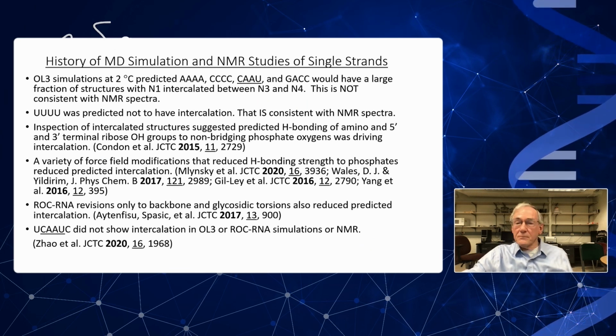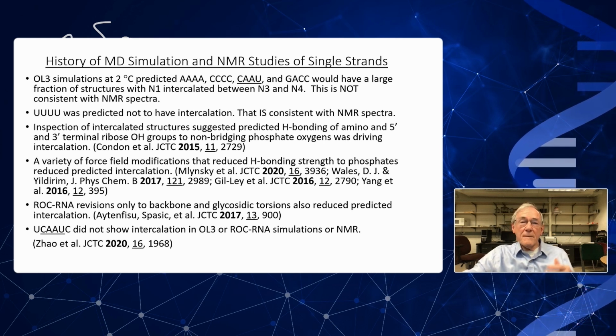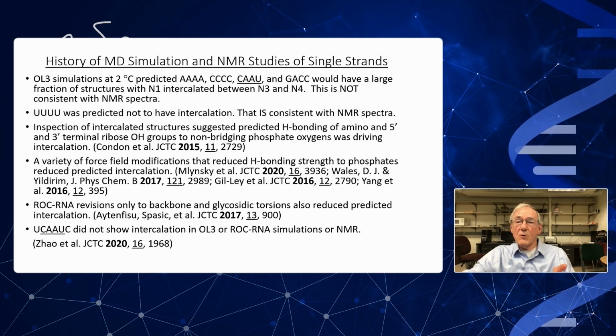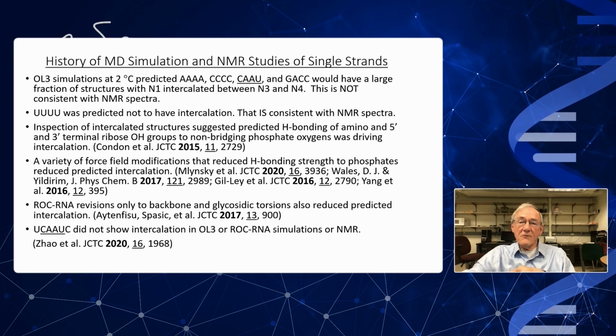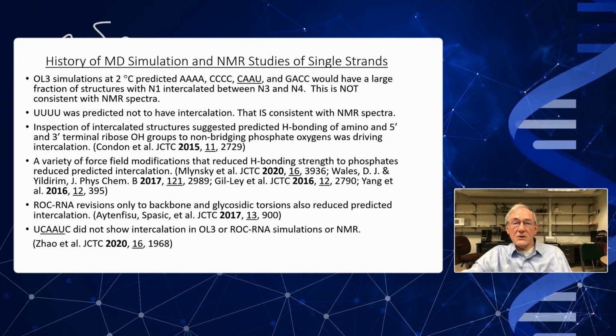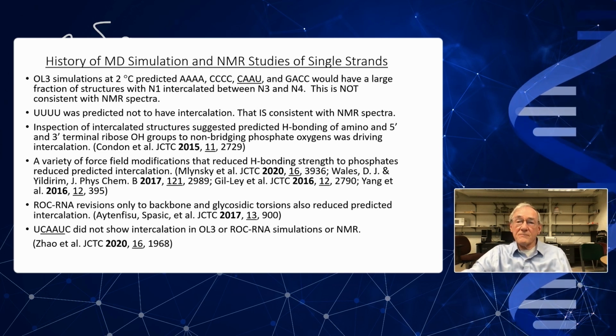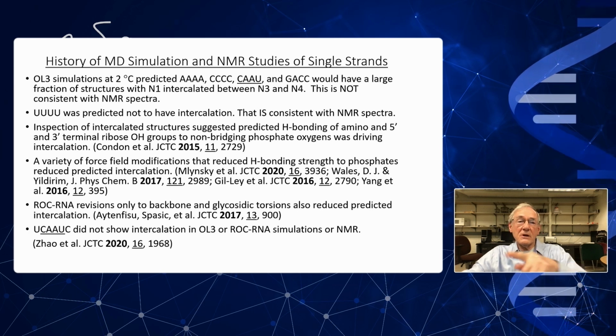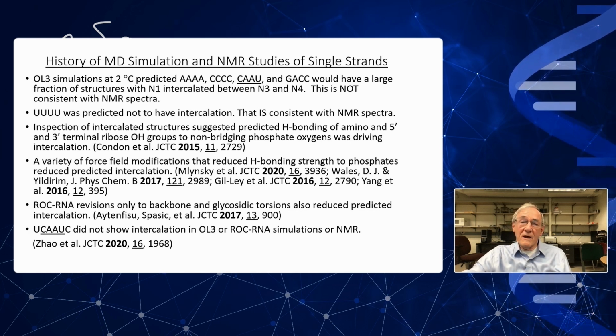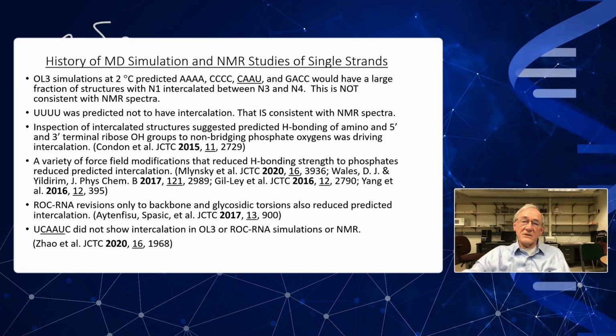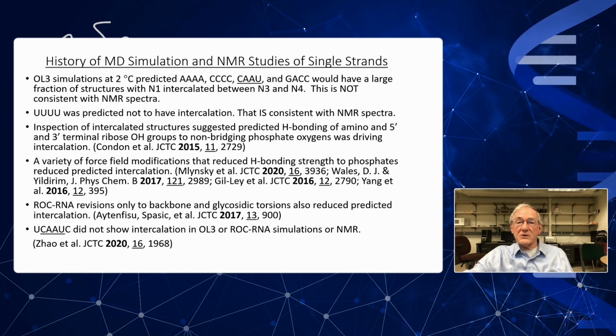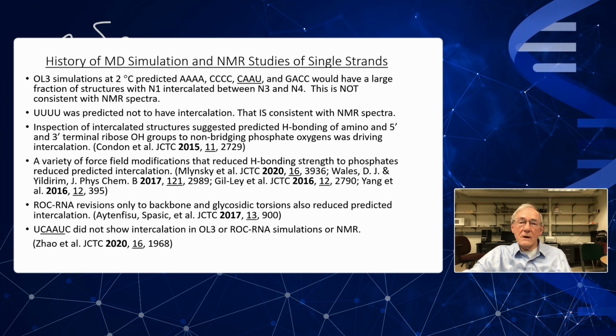So this is some history of MD simulations and NMR studies being compared for short single strands. So we started with tetramers, which are shown in the first bullet point. And it was a disaster in terms of making good predictions for what they were going to do.